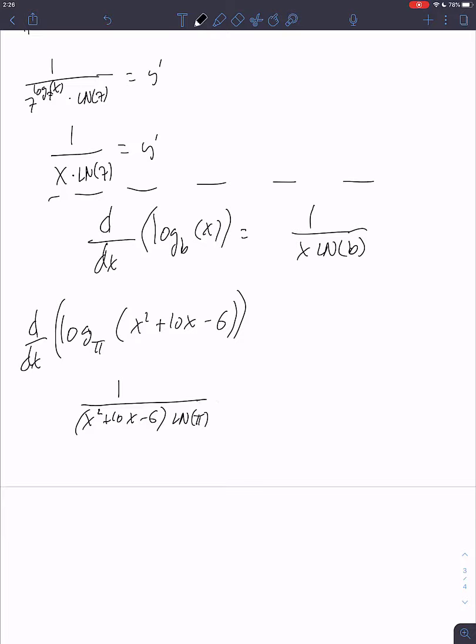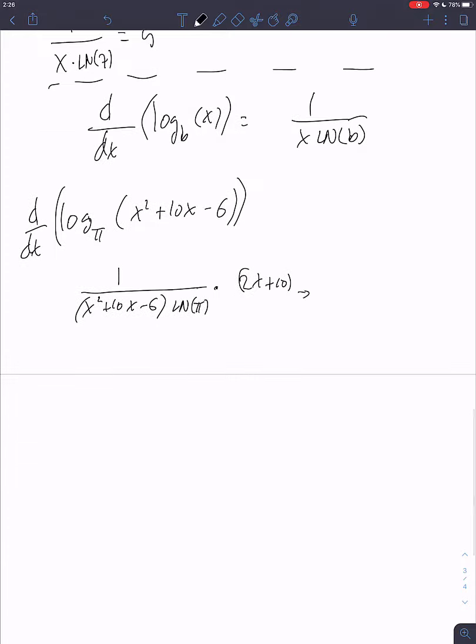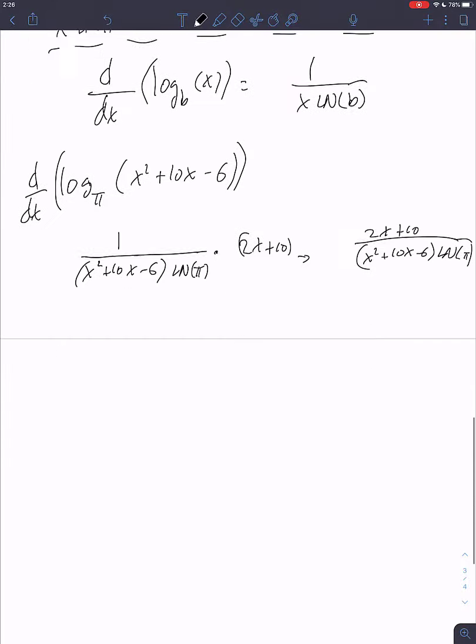We're also going to multiply by the natural log of that base, and then multiply, chain rule. We got rid of the log, now we're going to address the polynomial, 2x plus 10 in parentheses, which can be rewritten as 2x plus 10 in the numerator over x squared plus 10x minus 6 times ln of pi in the denominator. And that is our derivative.